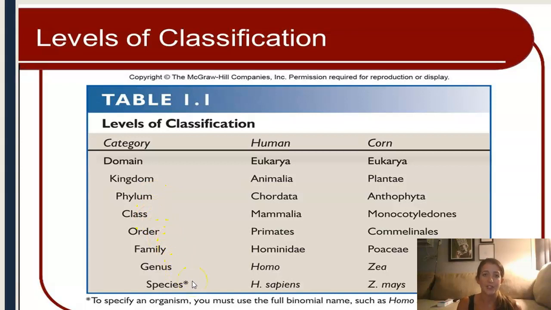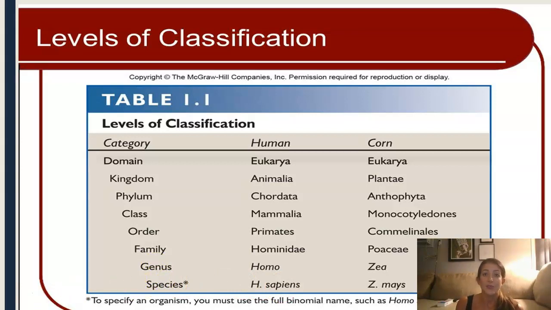So it's how we characterize living things. If we're going to do ourselves, our whole naming system: Eukarya, Animalia, Chordata, Mammalia, Primates, Hominidae, Homo, and Sapien. But that's kind of a mouthful. So how we name our organisms is just by saying the genus species name.